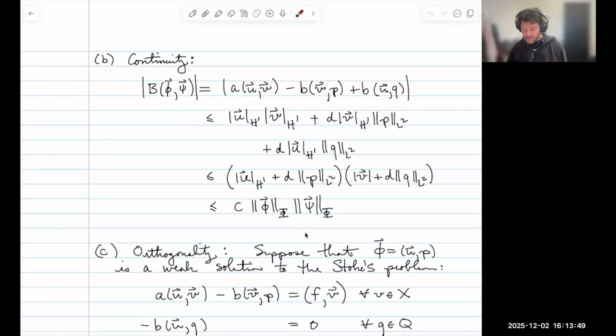Now, one thing I did want to point out is when I'm doing continuity, I stated two different norms on the space phi, and there are two equivalent norms that one can use. And what I've done is I've used those norm equivalences here and here.